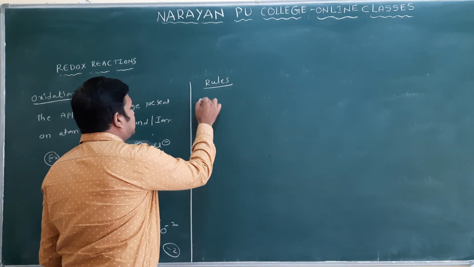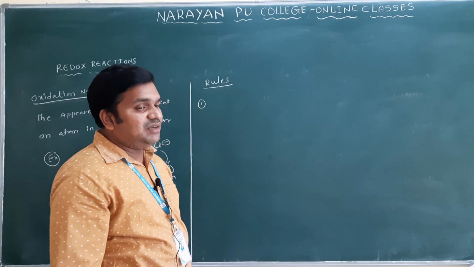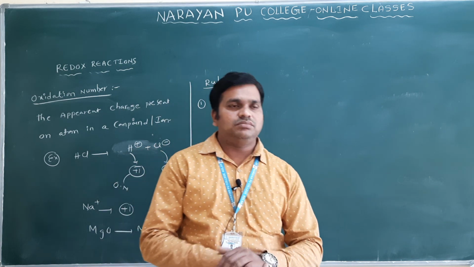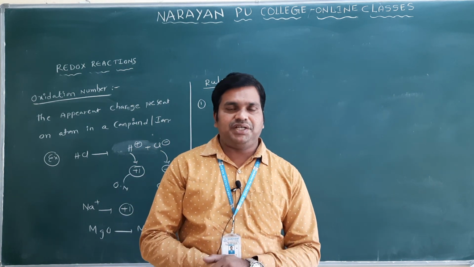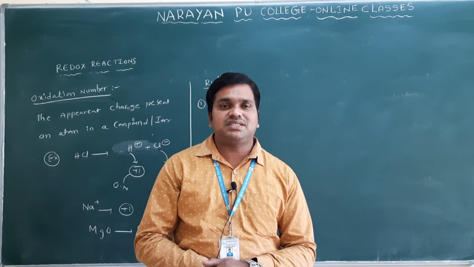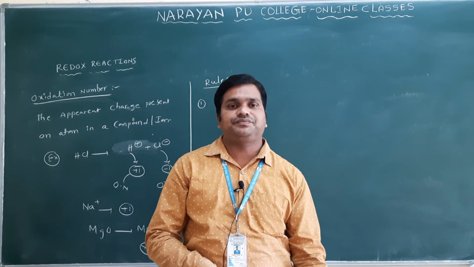The first rule: if the element is present in pure form, or you can say elementary state, or in a free state, the oxidation number is taken as 0 only.